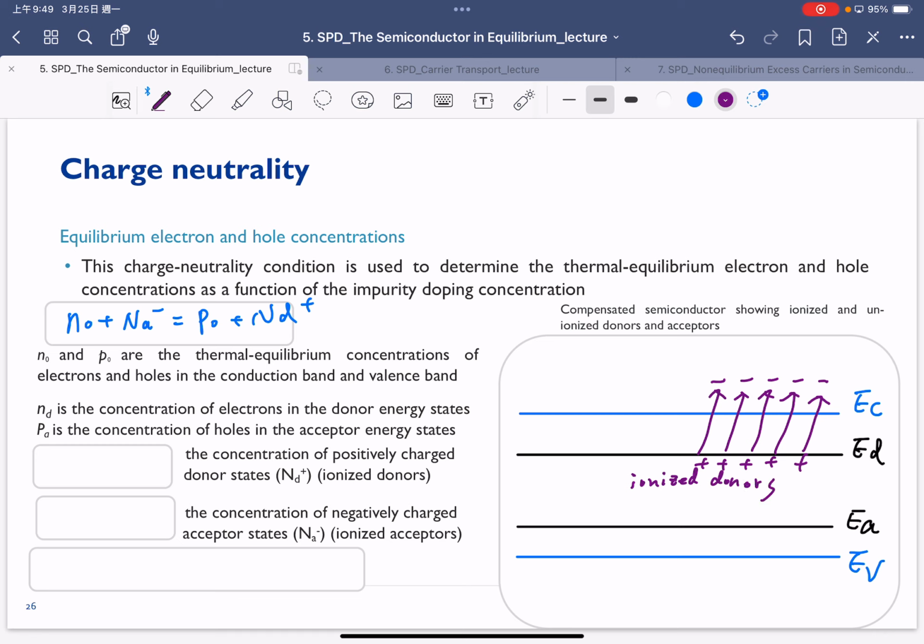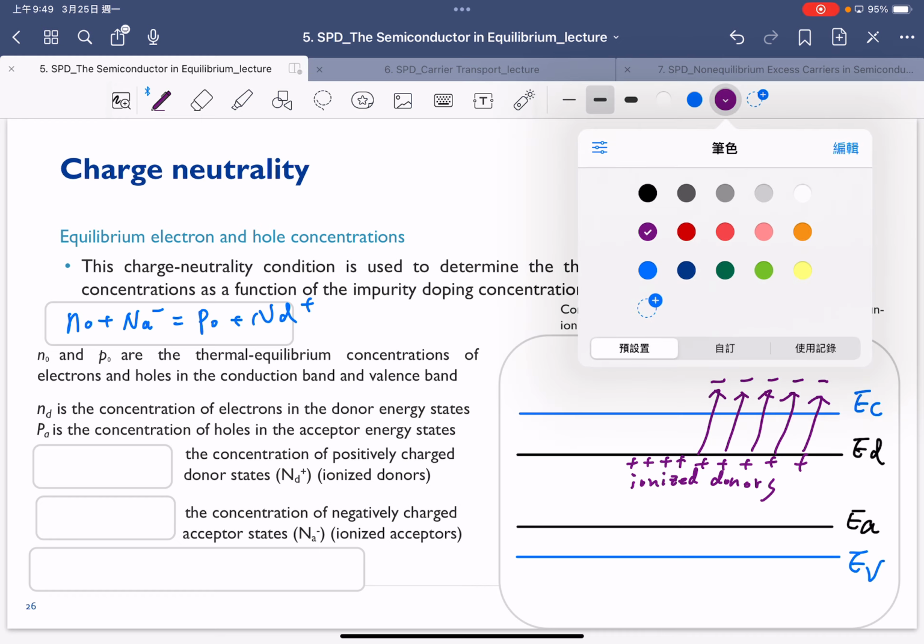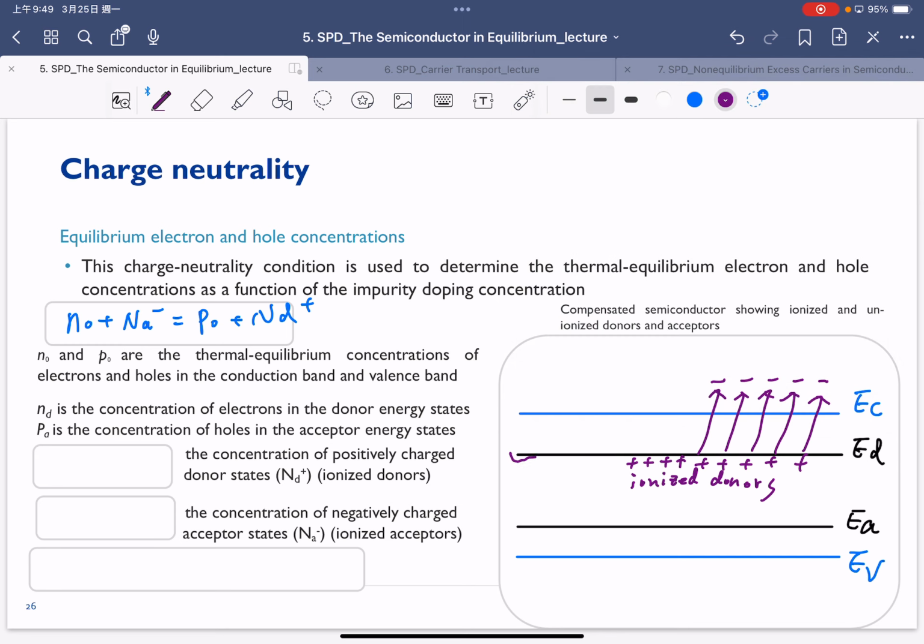And of course, there is some part that is still existing, because not 100% can be ionized. There is some part of the region here that is not ionized, so all the charge still stays in the donor state. So this is unionized.